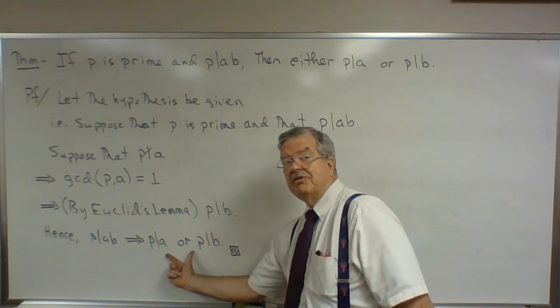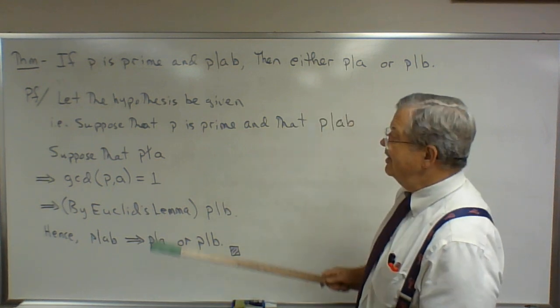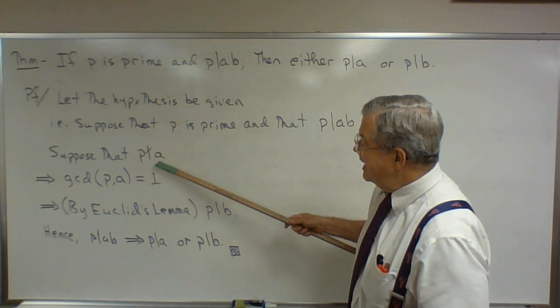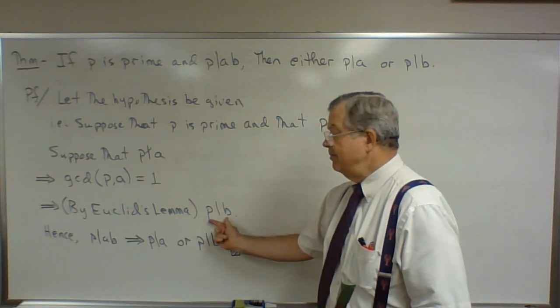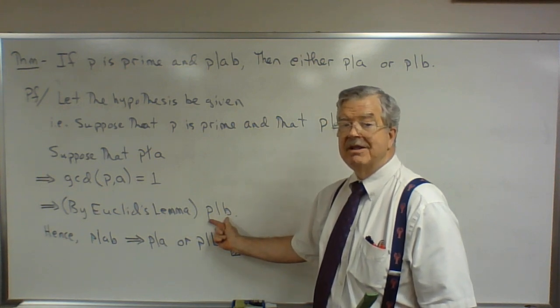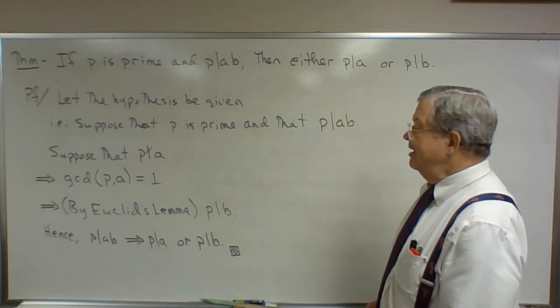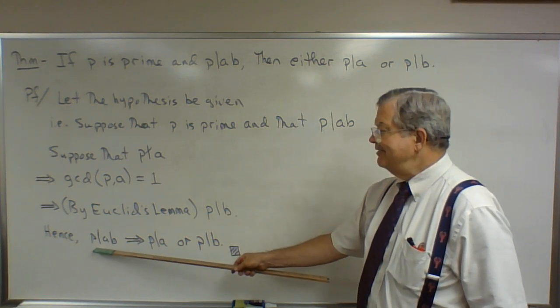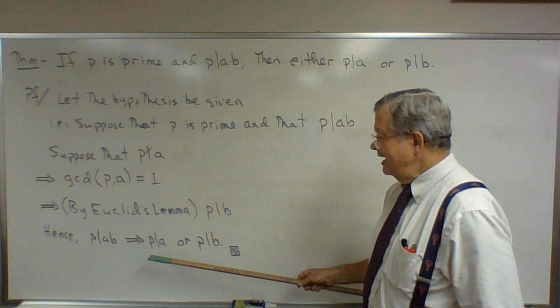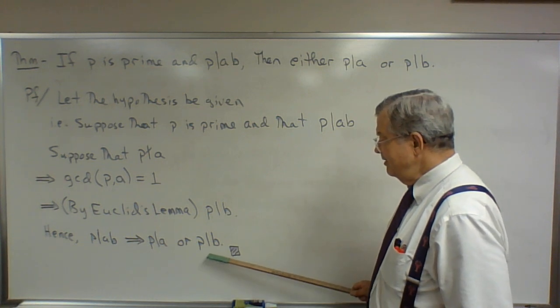The only way that this could have been false is if P didn't divide A and P didn't divide B. Oh, but we ended up showing that P did divide B. So if P divides A times B, then either P divides A or P divides B.